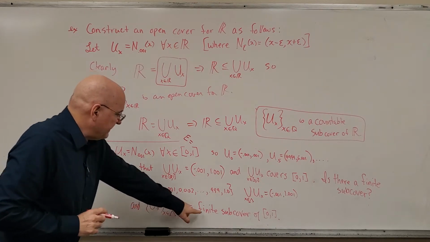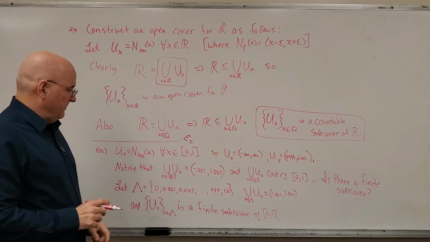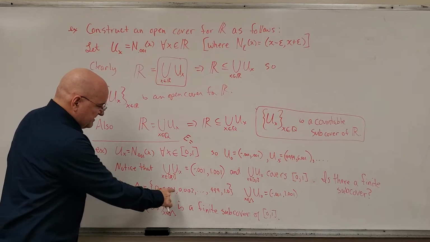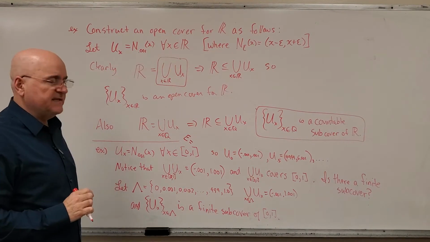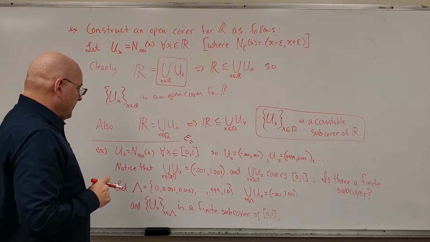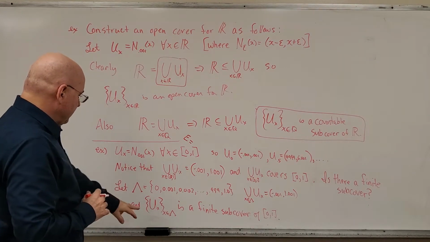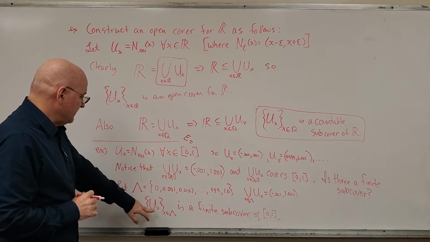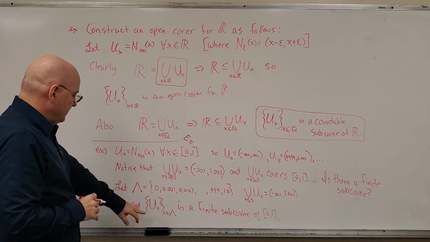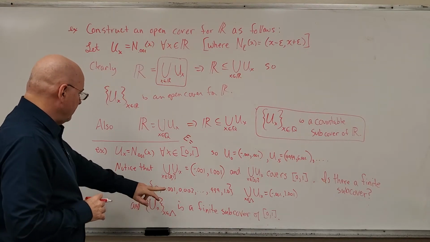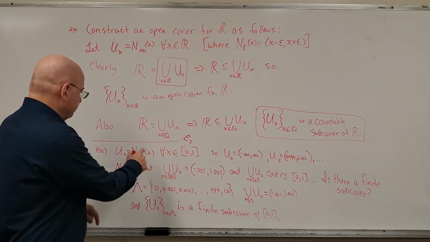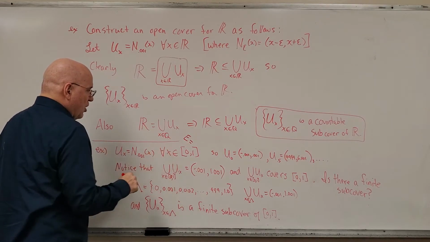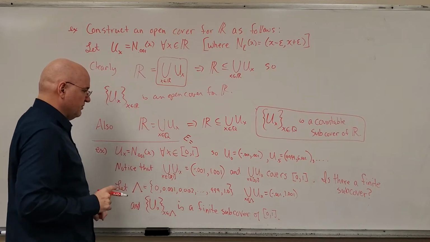Okay, it's finite because it has a finite number of elements. This has exactly, precisely 1,001 sets that are being unioned together. And it's a subcover because this collection of sets is a subset of this collection of sets, U_x defined for all x in 0 to 1.